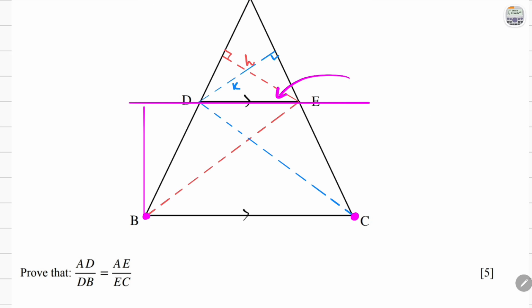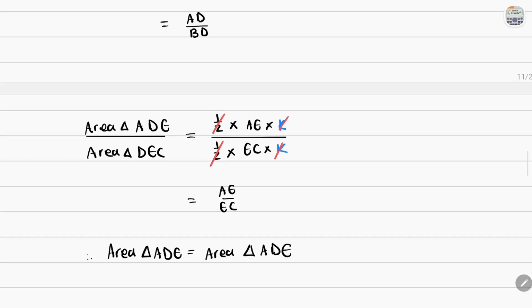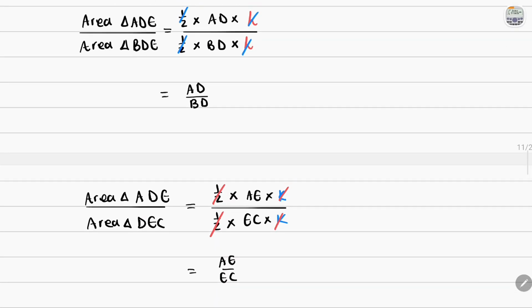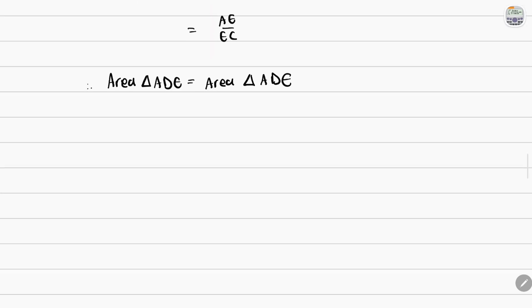Now, do you see how this is exactly the same? If you also have to measure from here to this base, the extension of the base, do you see how these heights are exactly the same? And the reason they are the same is because they lie between parallel lines. So their heights are exactly the same. And so that's what we can state here. So we can state that the area of triangle BDE and the area of triangle DEC are equal.